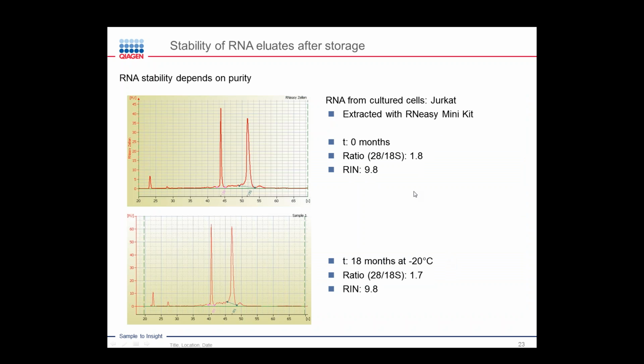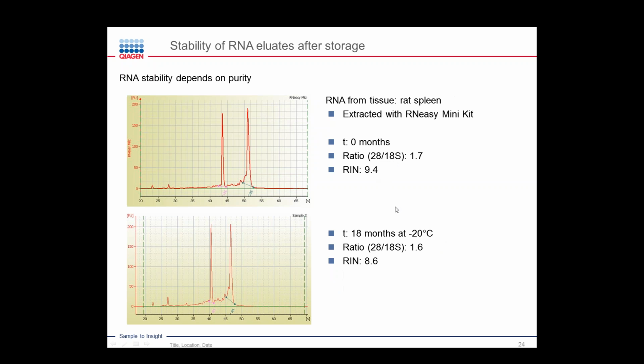Comparison of the two time points reveals that the ratio of the ribosomal RNAs, 28S and 18S, as well as the RIN values are identical after the storage time. The same test was done using tissue samples and shown on the next slide.